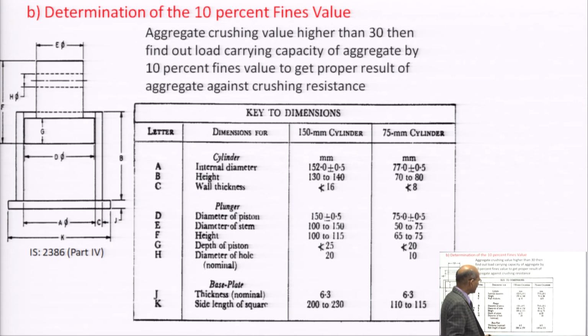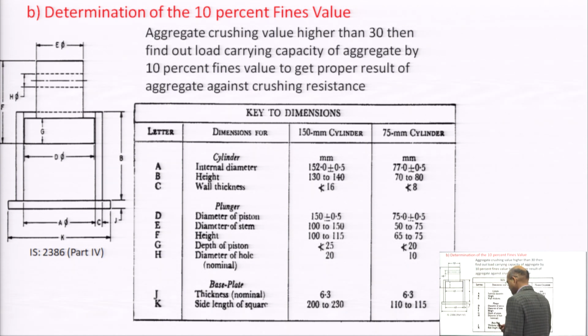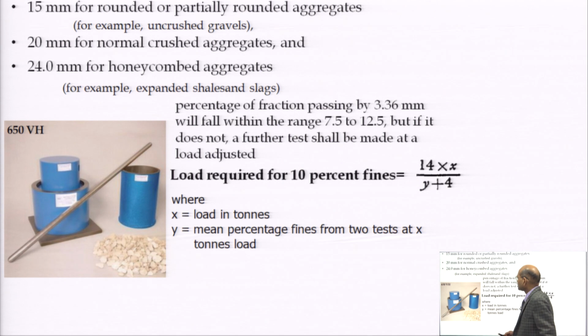The plunger size will be around 2 mm less than the size of the cylinder, because if you do not use the smaller size, there is a chance of the plunger getting stuck with the cylinder.